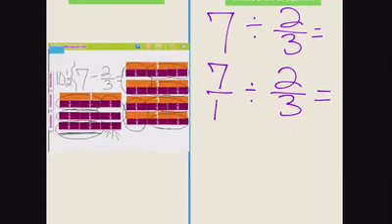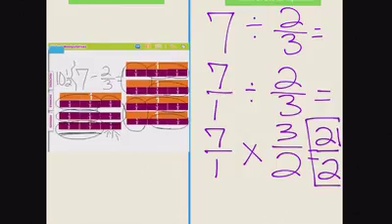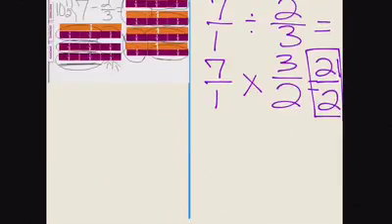Then we're going to multiply our first number, 7/1, times the second number's reciprocal. So division becomes multiplication, and 2/3 becomes 3/2. Multiply straight across. 7 times 3 is 21. 1 times 2 is 2. So we get 21/2. But we're going to go ahead and simplify that.